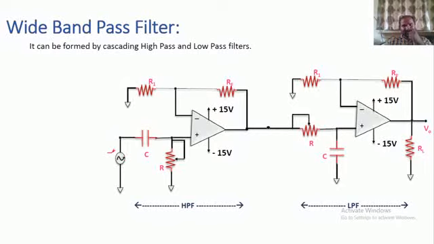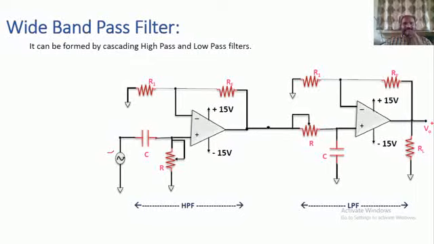Again, I missed out the plus Vin and minus Vin here. This is the input signal with some frequency, and it is acting as a high pass filter. The output of the high pass filter is applied as an input to the low pass filter, so finally we get the band pass filter response.